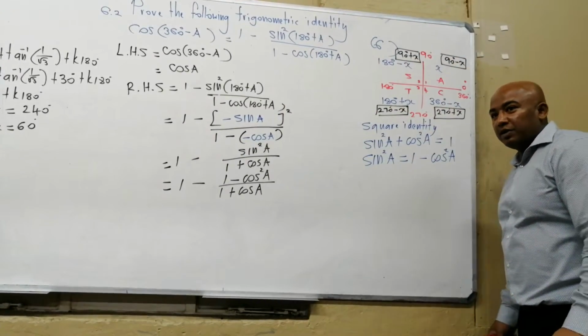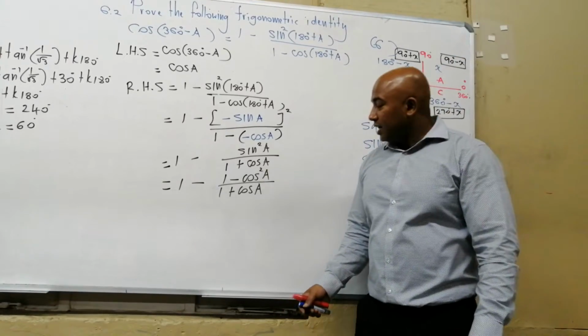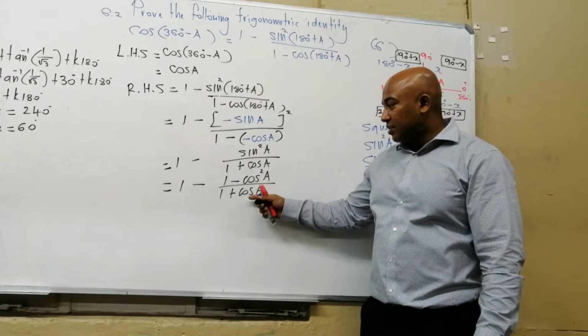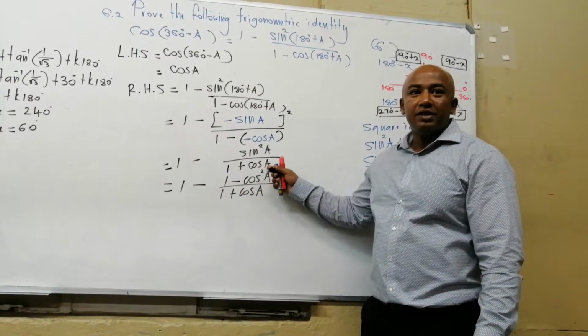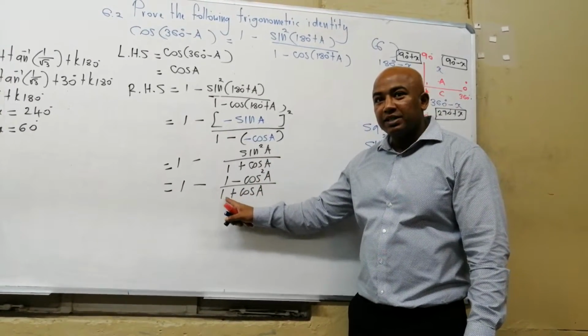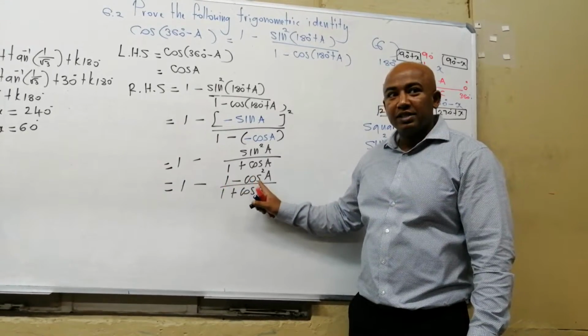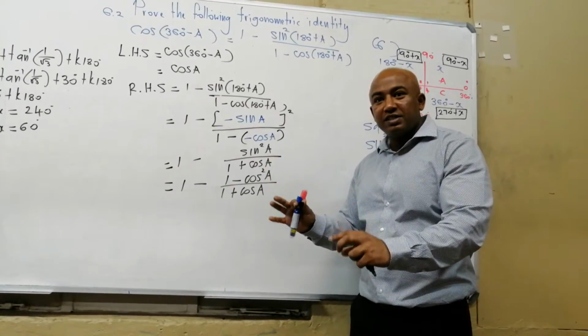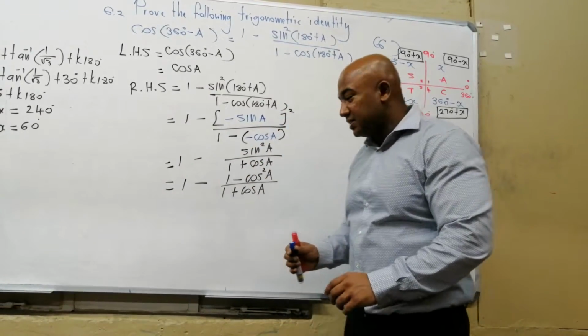Now be careful, a common mistake that students make is that you will try and cancel this. Okay, you cannot cancel the cos with cos on the top because there's a plus sign separating and there's a minus sign separating. So you cannot cancel terms. You have to factorize first and then you can cancel only factors.